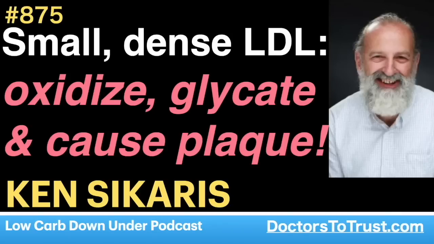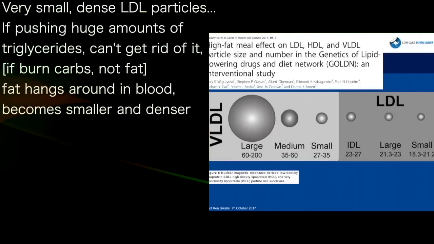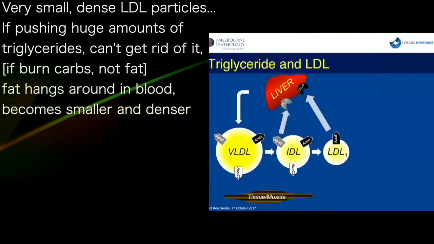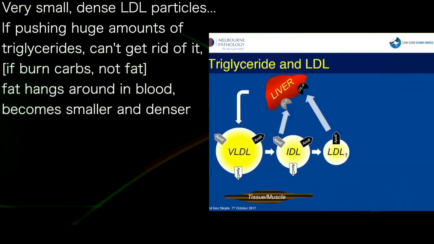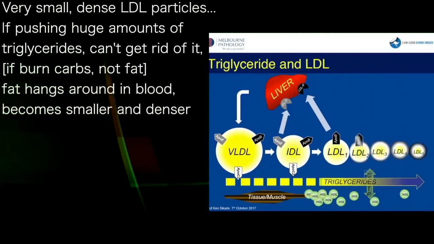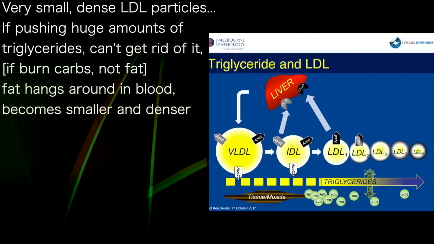Now, as well as the bigger particles and LDL smaller, then people started discovering this very small particle. There's an even smaller form of LDL, a more dense form of LDL. And what happens there is if you're pushing through so much triglyceride that you can't get rid of it, and this is what happens in people that don't burn fat, they're burning carbs, the fat just accumulates in their blood.